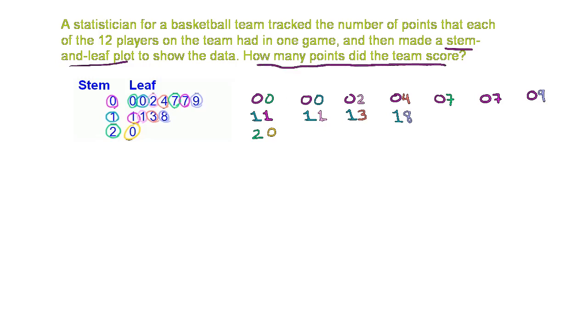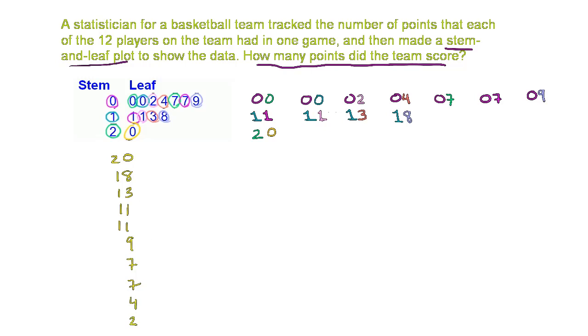Here we just have to add up all of these numbers. I'll start with the largest. So 20 plus 18 plus 13 plus 11 plus 11, plus 9 plus 7 plus 7, plus 4 plus 2.